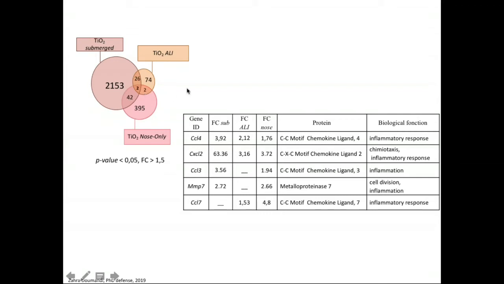But if we check more closely the genes activated, we can see that for all of the exposure systems, we have a chemokine activated, indicating that we have an inflammatory answer of the cells, and that is coherent with all the other genes we can have, even if it's not common to all. We have mainly inflammation.